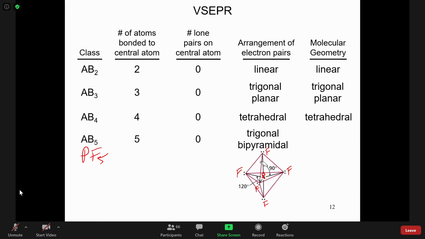So between this fluorine bond and this fluorine bond, we have a 90-degree bond angle, okay? And there's 2 of those.